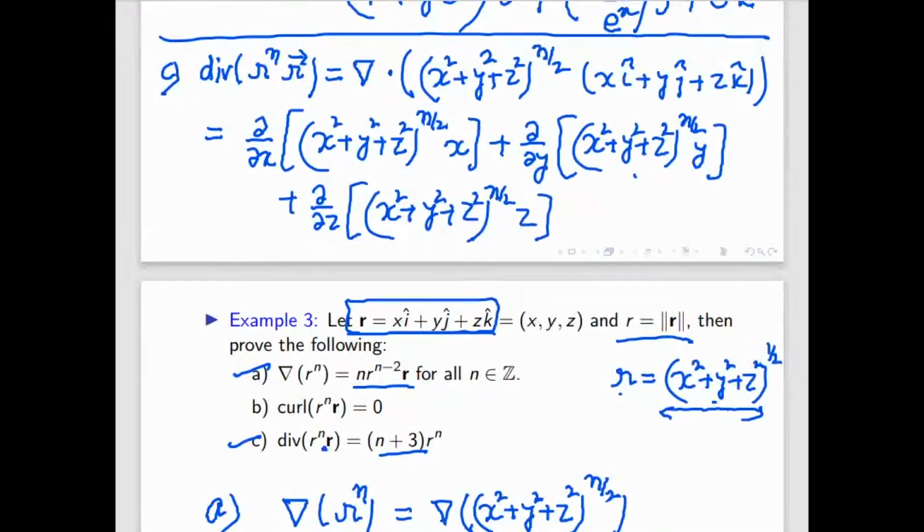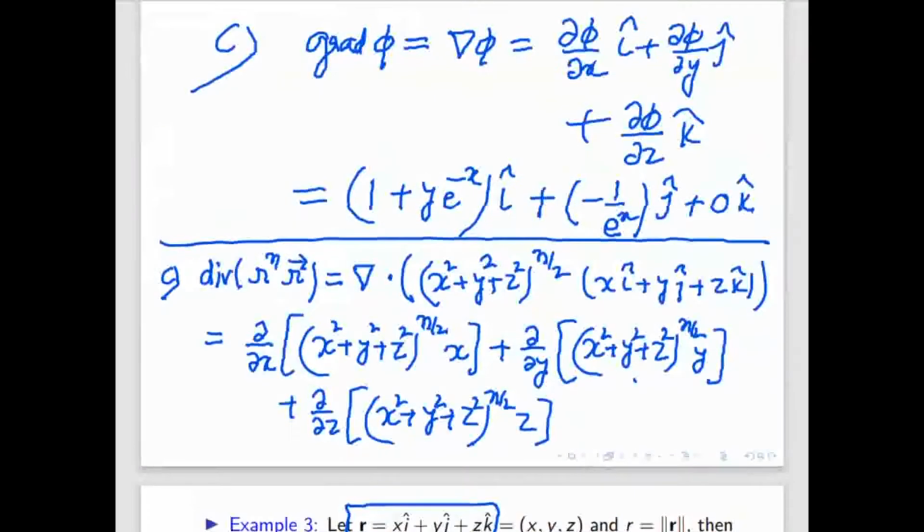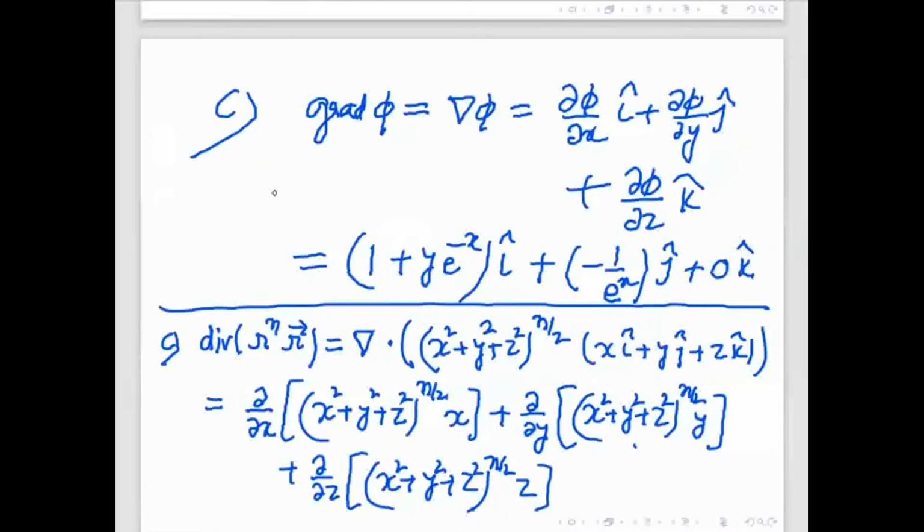So what will come for the first term? For the first term we'll do the differentiation by product rule. So what will it come to? I will write here.